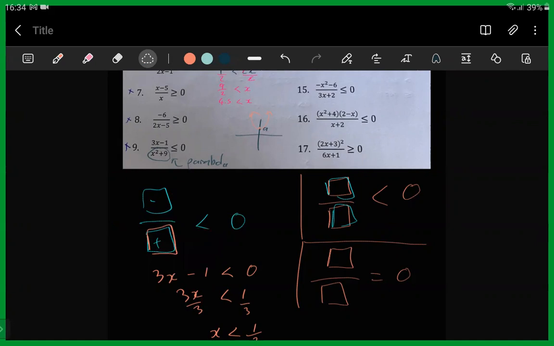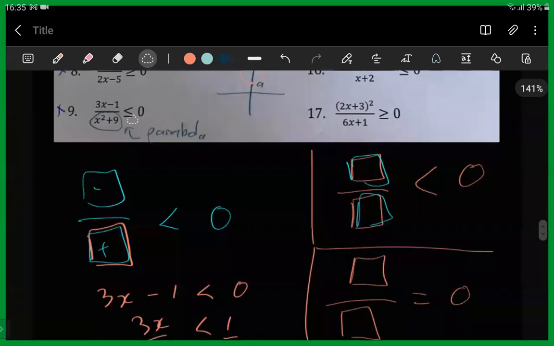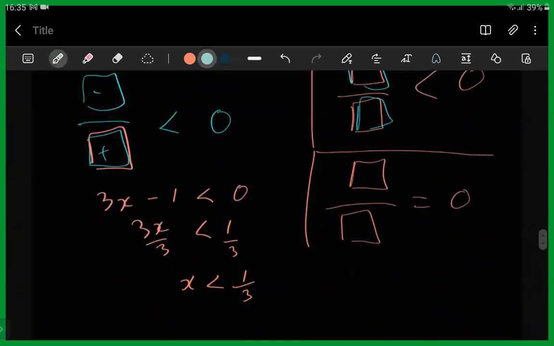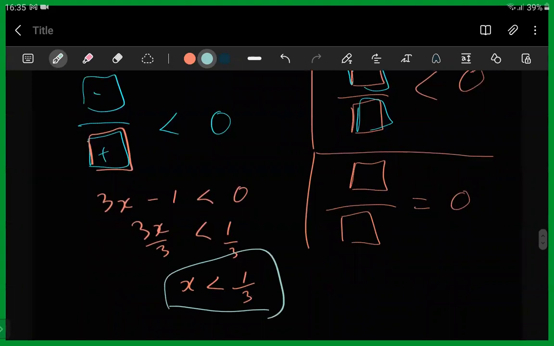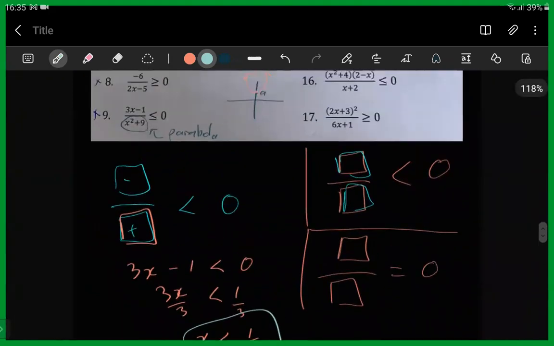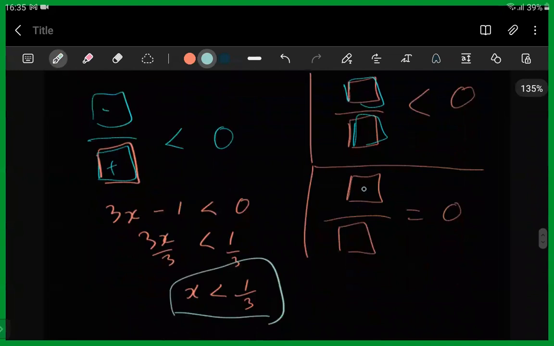Furthermore, for us to work out where this is equal to 0, do you see that either one of these has to be a 0, but it cannot be the bottom?